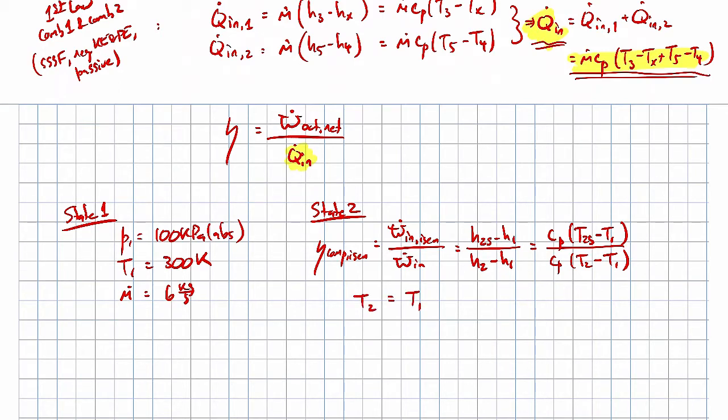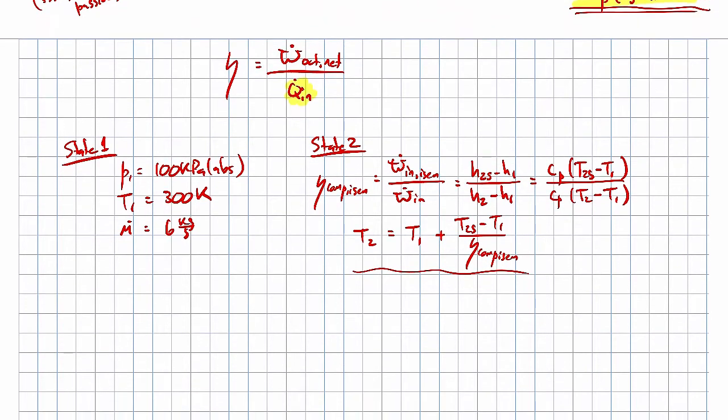And this will look like the following. So there's our expression for T2. We know T1, we know the isentropic efficiency of the compressor, we just need to find T2S. So to find that, let's call this state 2S.